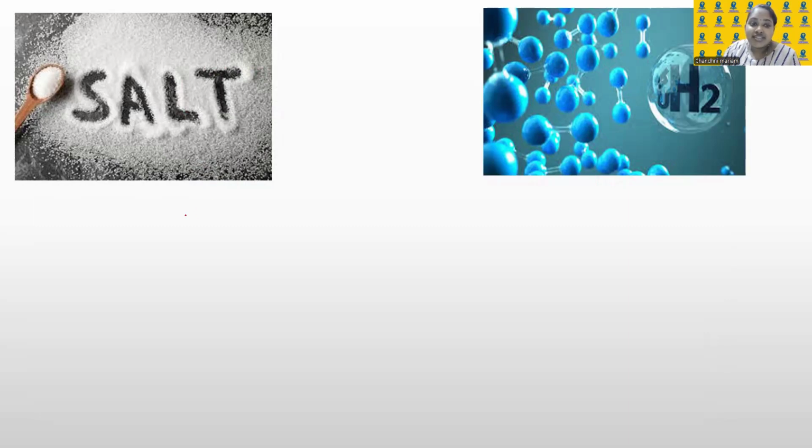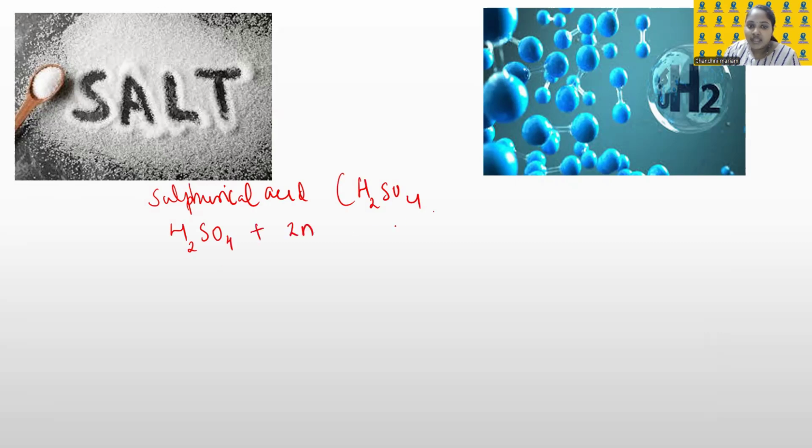Let's take an example of a very common acid, sulfuric acid. What is the chemical formula of sulfuric acid? Yes, it is H2SO4. We are taking that and reacting it with a metal, zinc. What will be the products forming?